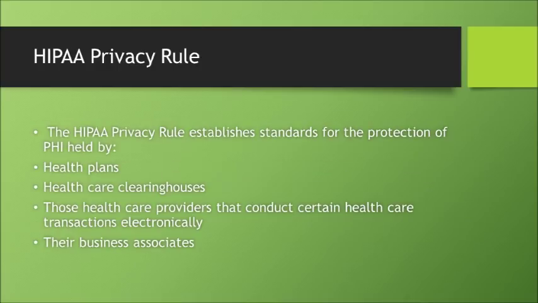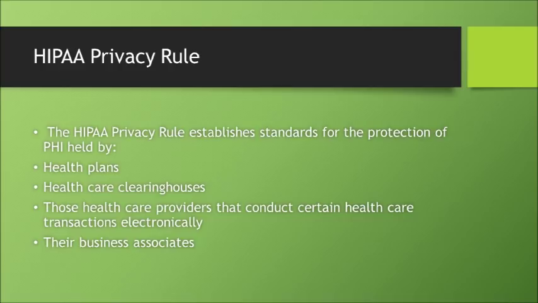HIPAA Privacy Rule. The HIPAA Privacy Rule establishes a standard for the protection of PHI held by health plans, or we would call those ISP or IHP, the Individual Support Plan, the healthcare clearinghouses, those healthcare providers that conduct certain healthcare transactions electronically, and their business associates.